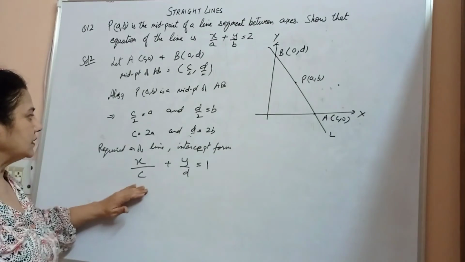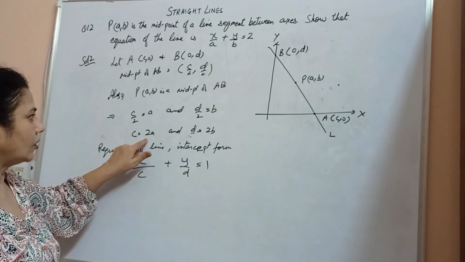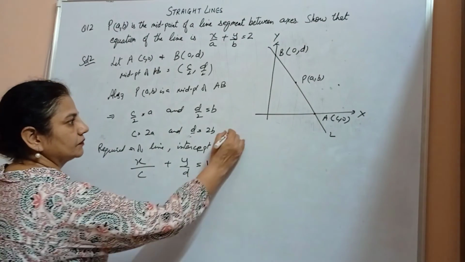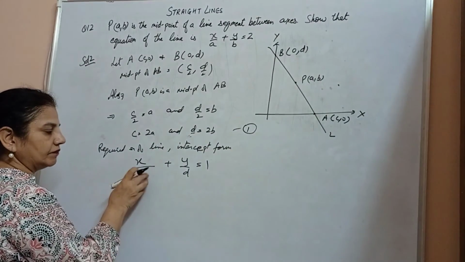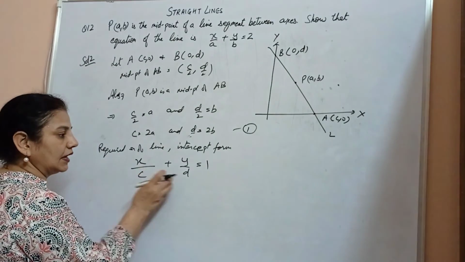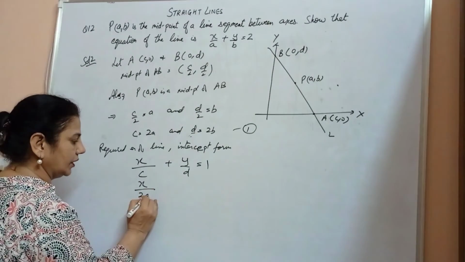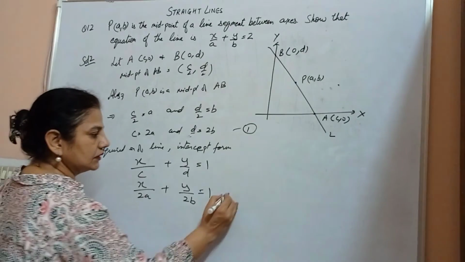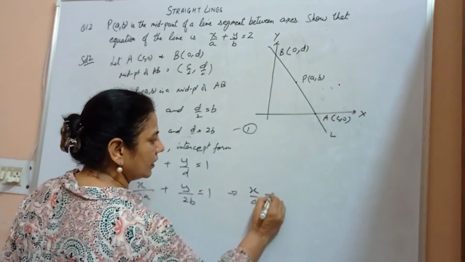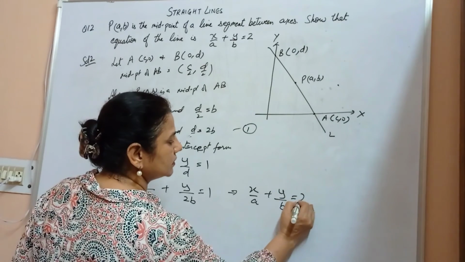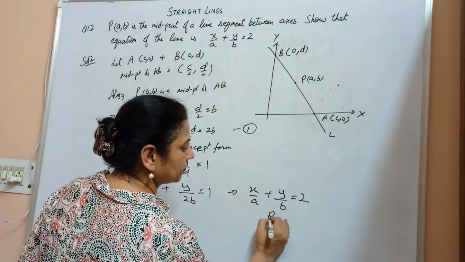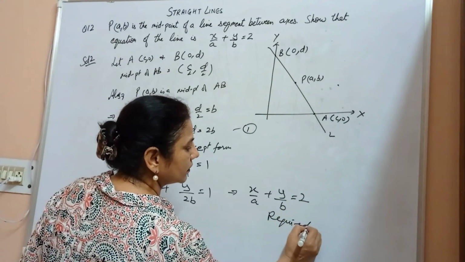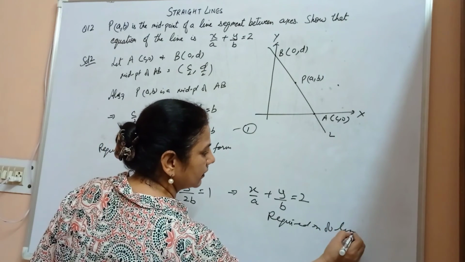Substitute the values of c and d in this equation from the first part. We substitute the values of c and d, we get x upon 2a plus y upon 2b is equal to 1. This implies x upon a plus y upon b is equal to 2 is the required equation of line L.